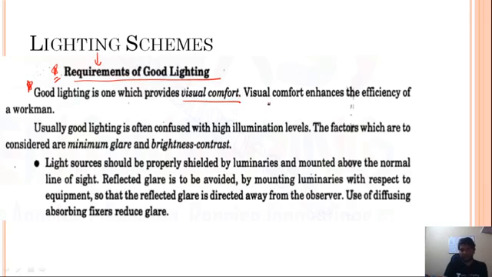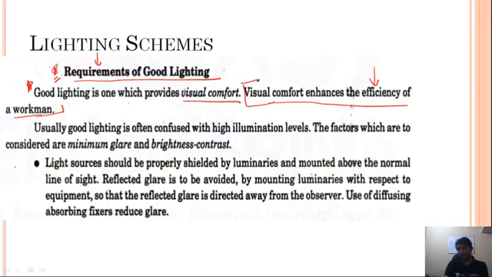Okay, and visual comfort enhances the efficiency of the workman. So guys, if you get a good amount of light, your mood is going to change according to the light. So in our office or our study room, if there is a good amount of light in our room, our efficiency will increase.